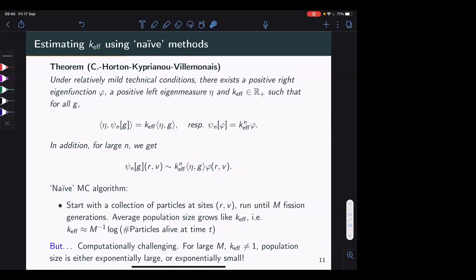But this is very naive. Min showed some results yesterday that showed what happens. Effectively, if I don't have criticality, I've either got something that's growing exponentially.